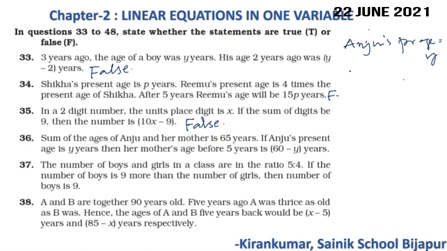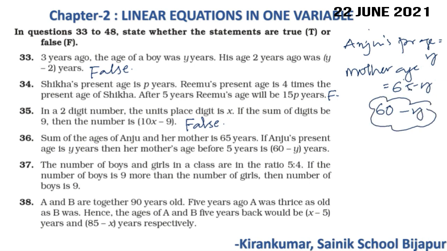Then Anju's mother's age will be 65 minus y years. So before 5 years, her mother's age will become 60 minus y, because from 65, 5 has to be removed. It becomes 60 minus y, which is a true statement.